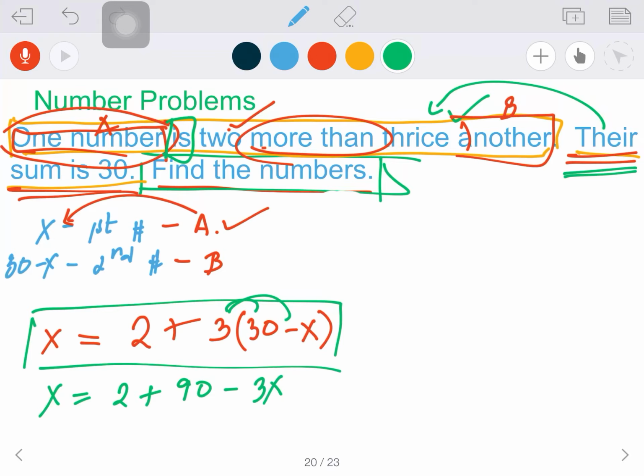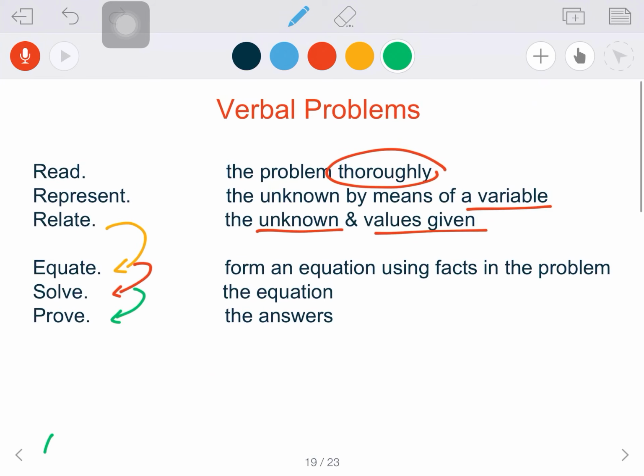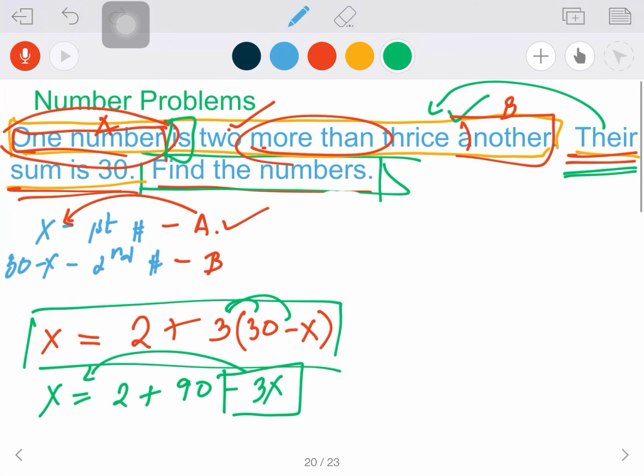Next, after we're done with the parentheses, we have to isolate the variables, which means negative 3x should transpose to the left side, so x plus 3x equals 92. Where did I get that? That's 2 plus 90. Now, on the left, you have 4x equals 92.